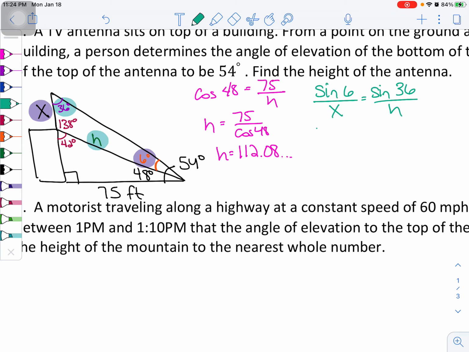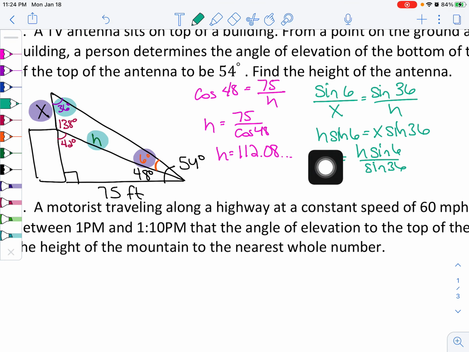So h sine 6 equals x sine 36. So x is going to be h times sine of 6 over sine of 36. And remember, this h value is the same thing that's sitting over here as 112.08, and again, there's more stuff after it. I'm just leaving it in my calculator so I don't drop decimals.